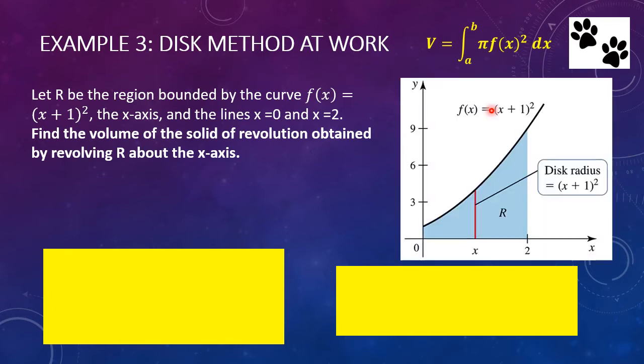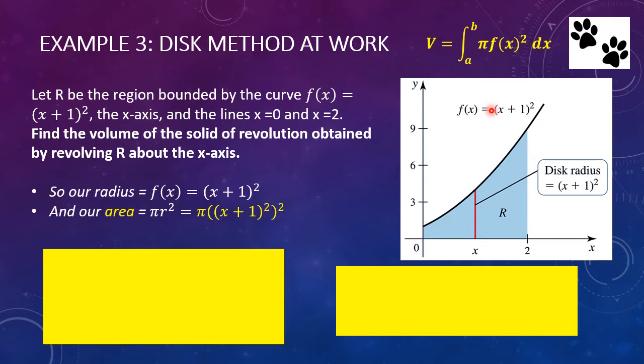And here we can see the picture. So this is going to look like a funnel on its side once you revolve it around. So we can see here our radius is f of x equals (x plus 1) squared. Again, this is a given in the formula for using the disk method for solving volumes of solids of revolution.